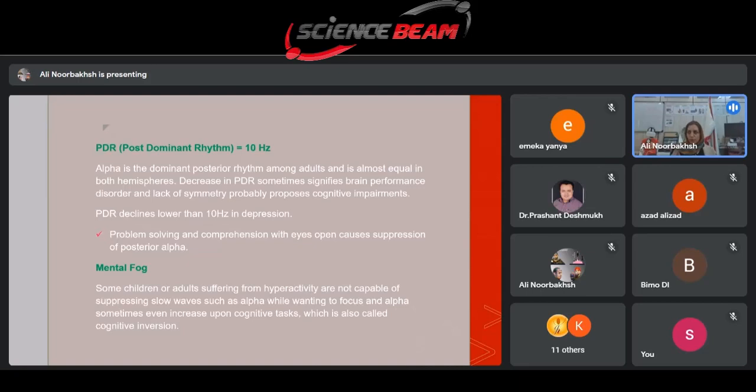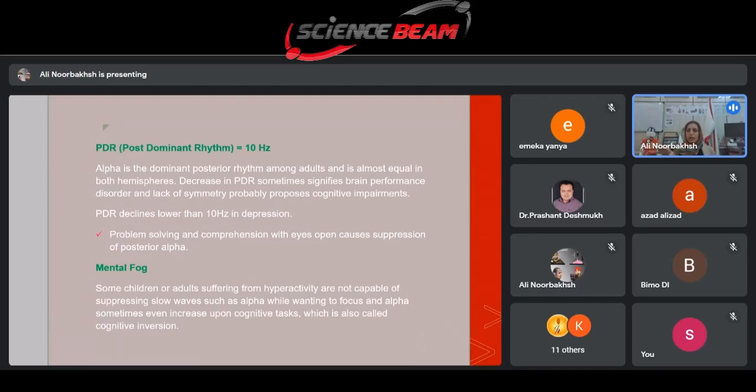PDR means posterior dominant rhythm. Alpha is a dominant posterior rhythm among adults and is almost equal in both hemispheres. A decrease in PDR sometimes signifies brain performance disorder, and lack of symmetry probably suggests cognitive impairment. You can see PDR decline lower than 10 Hz in depression.